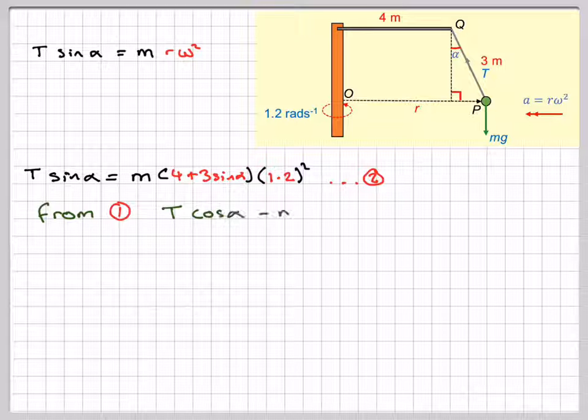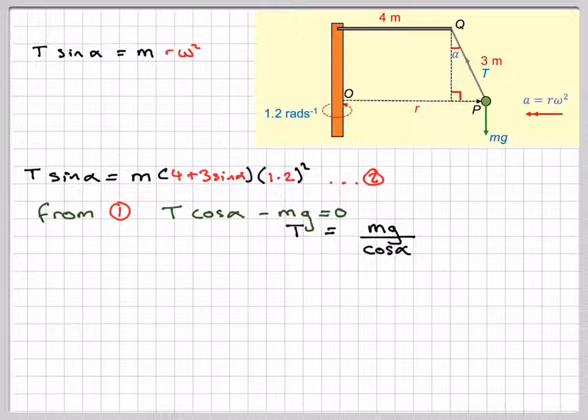From equation 1 we have that T cos alpha minus mg was equal to 0. If we rearrange and make T the subject, taking mg over here and dividing by cos alpha, we have T is equal to mg over cos alpha. So we now substitute this in here instead of T.